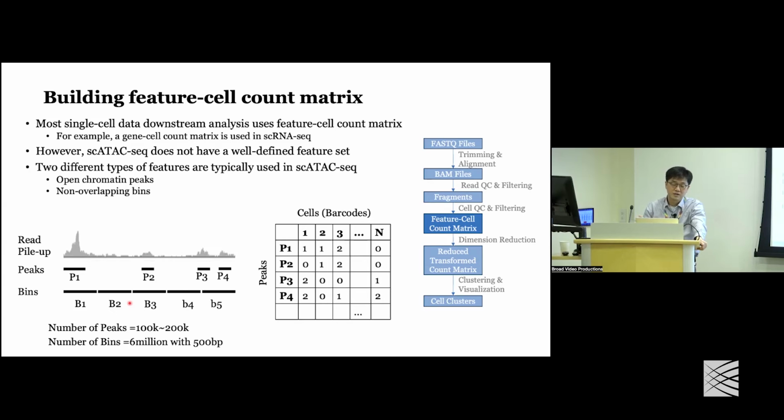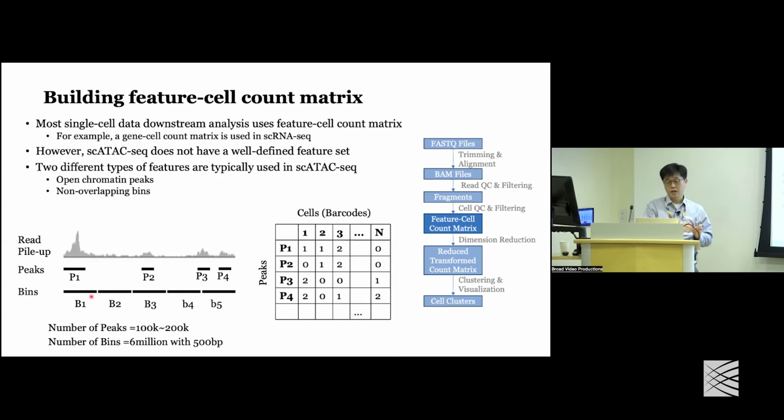There are many different types of features that can be used to define this feature set count matrix, but there are two major classes. One is regions derived from the data by identifying open chromatin peaks first from the aggregated reads, and then using those regions as features.